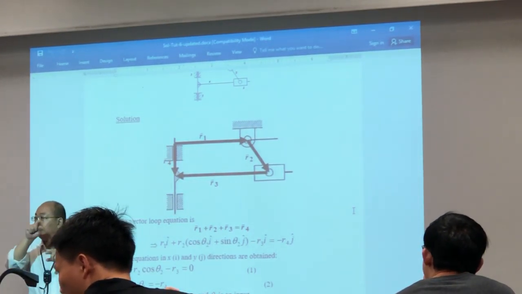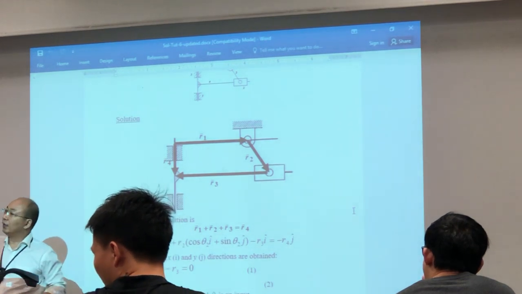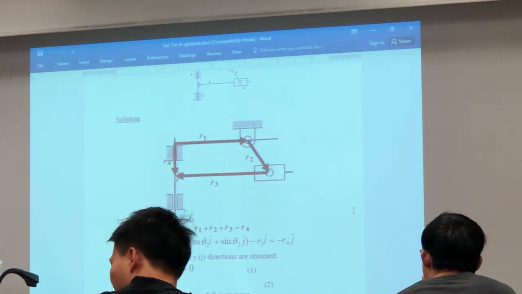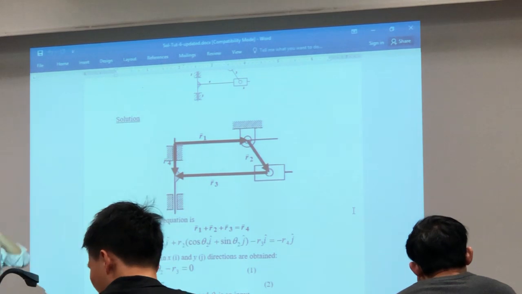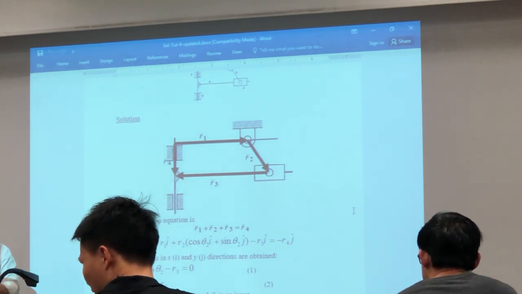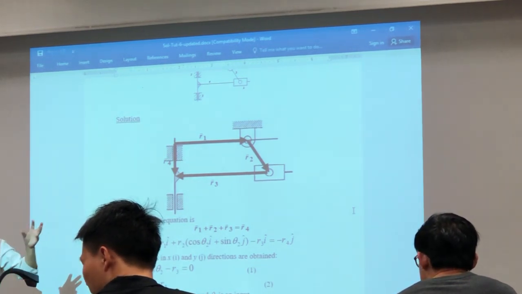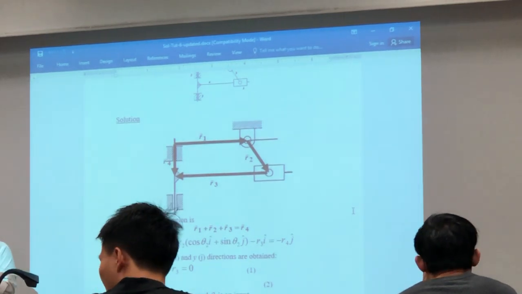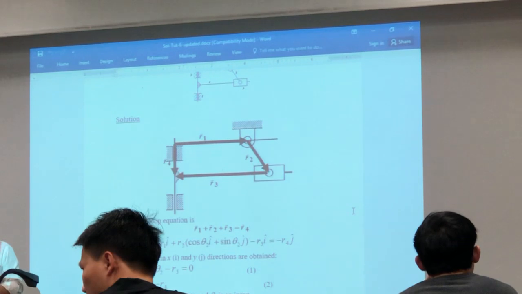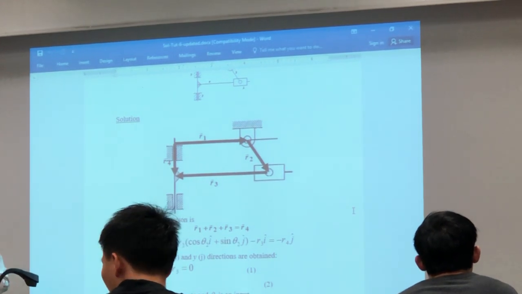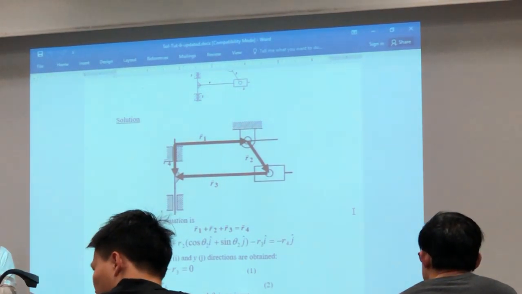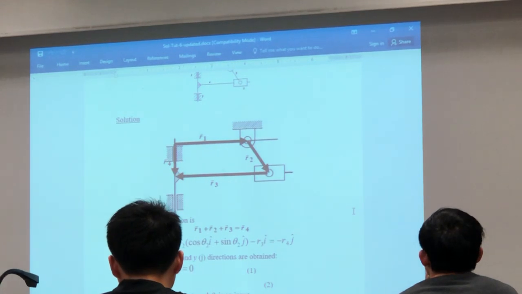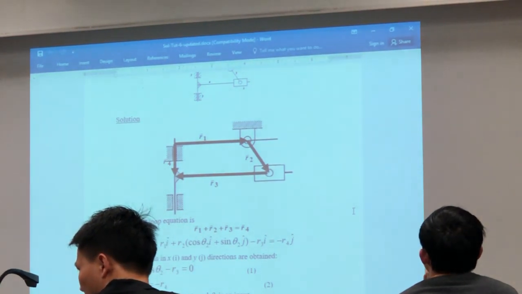You have one point. Then you change theta 2 to 5 degrees, and you can calculate another R3, R4. Theta 2 equals 10 degrees, another R3, R4. Continue until 360 degrees, for example. Then you can plot with respect to the input angle theta 2 how R3, R4 move. That is how it works.